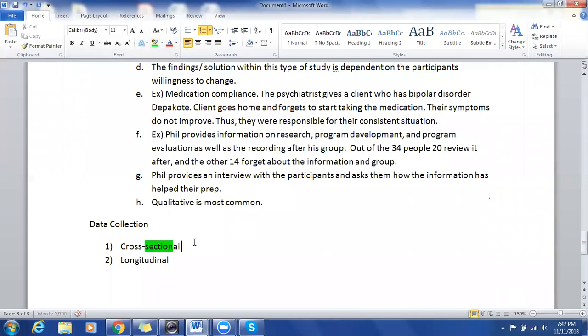So we're trying to isolate a particular section of time. This is where all the data is collected at one time or over a specific length of time, and this is short-term.